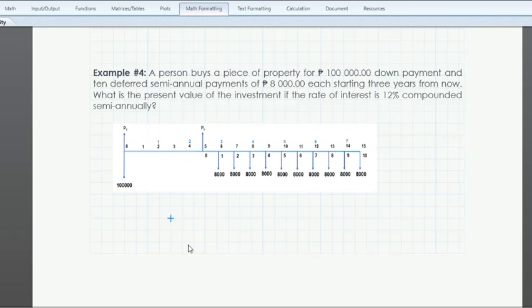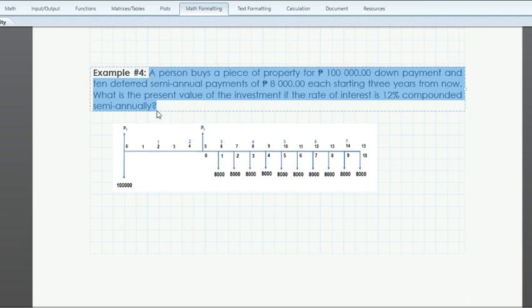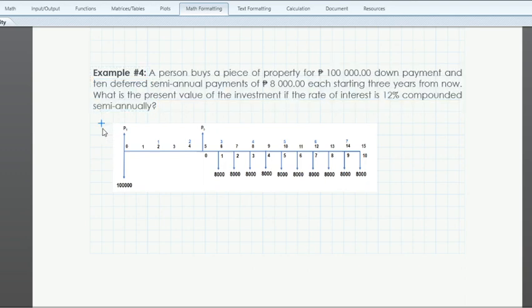But before we end, let me remind you that in annuity, we are not always given a cash flow. Normally, only the problem is given to us and you are the one who has to visualize what the problem is saying. Where do you put the 8,000? Where should the 100,000 be placed? What is their role in the problem?